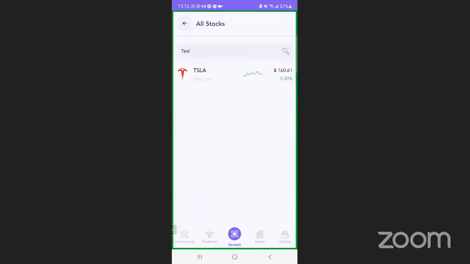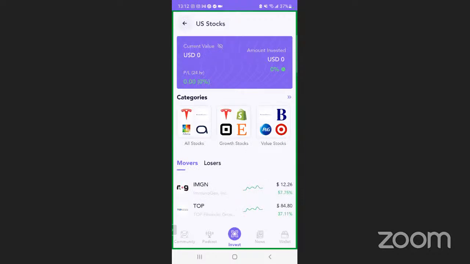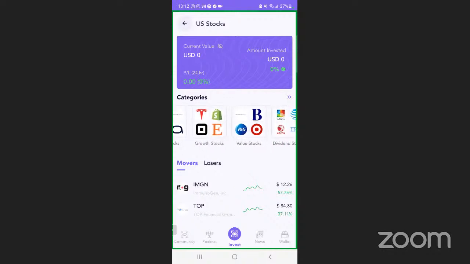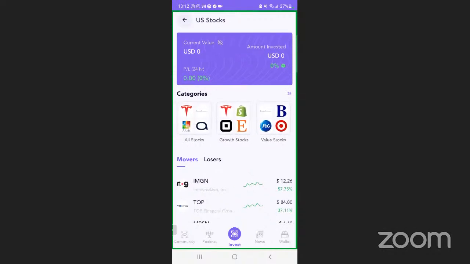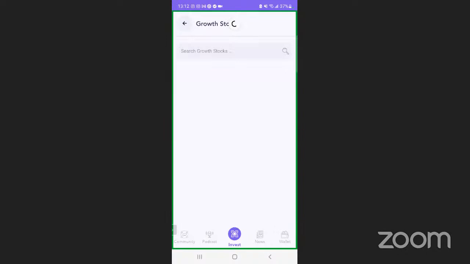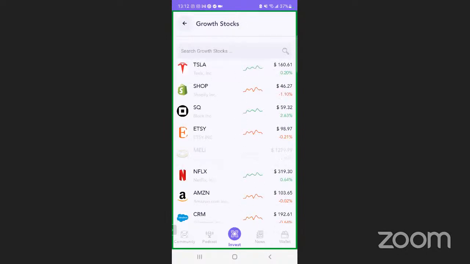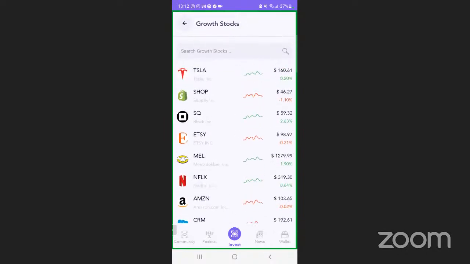Okay. So let's say you are an aggressive investor, and I've told you an aggressive investor will go for growth stocks. You just come on our app. You don't need to stress about where to find growth stocks or where to find value stocks. If you want to adopt an aggressive strategy in your portfolio, you'll go to categories and then growth stocks. There you'll see some of the growth stocks you can buy on our app.